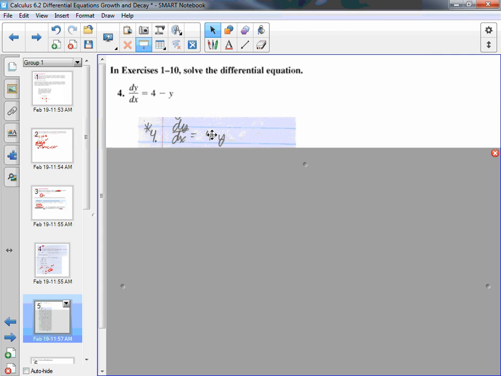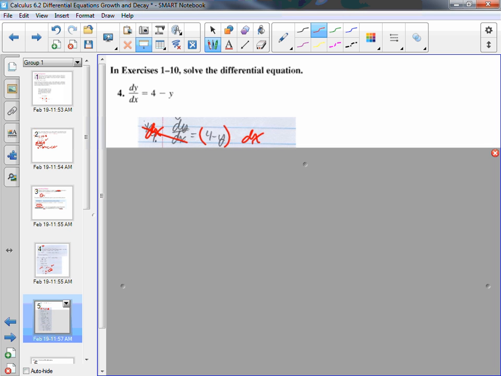If I multiply both sides by dx, then, no, I didn't write that right, did I? By dx. Then I can do that on the left, and I only have a dy on the left. But look what happens on the right. Now I've got an expression with y on the same side as the dx.